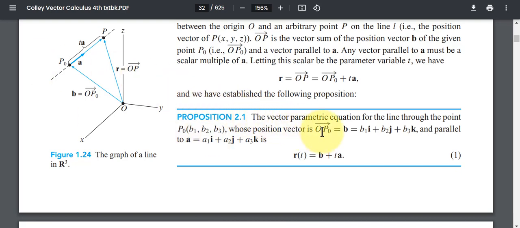Then we can express OP0 as b, or with the coordinates of the point P0, we can write it as B1 i plus B2 j plus B3 k. We should be able to switch between these without thinking about it too much.